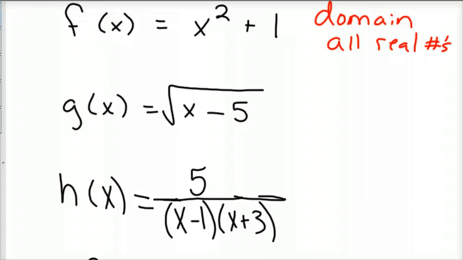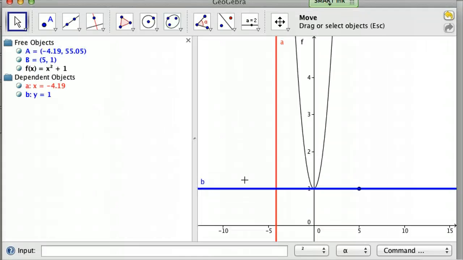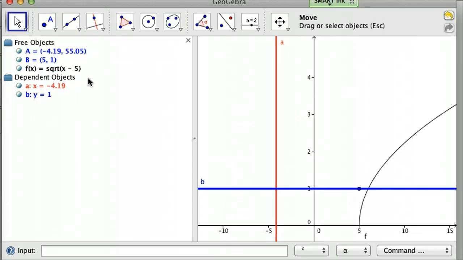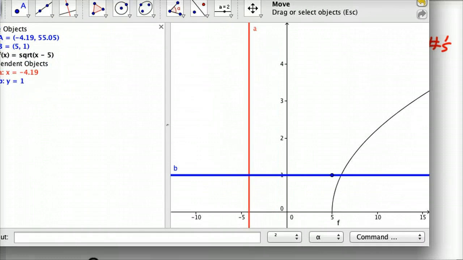So let's do this one: the square root of x minus 5. I'll change this f to sqrt x minus 5 and get rid of that 1. And there's what this function looks like.